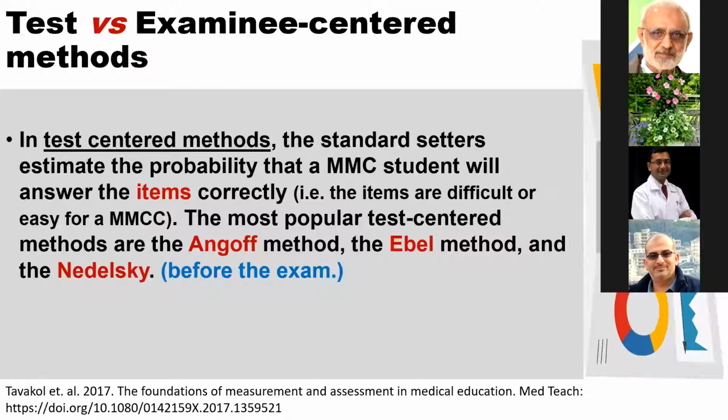That is, whether the items are difficult or easy for a minimally competent candidate. The most popular test-centered methods are the Angoff method, the Ebel method, and the Nedelsky, and these are applied before the exam is conducted.